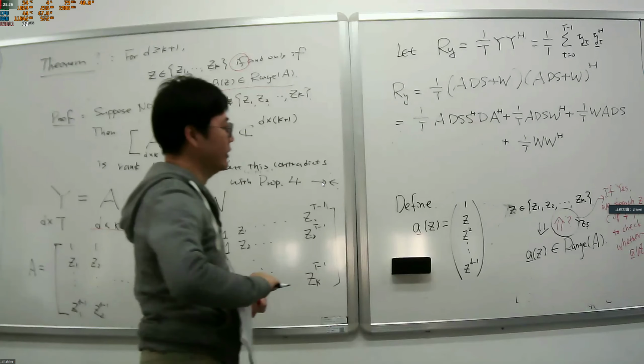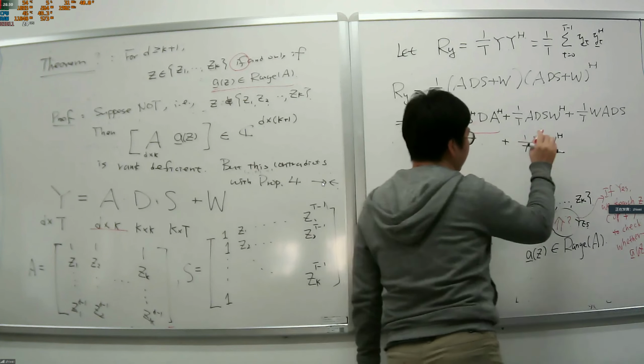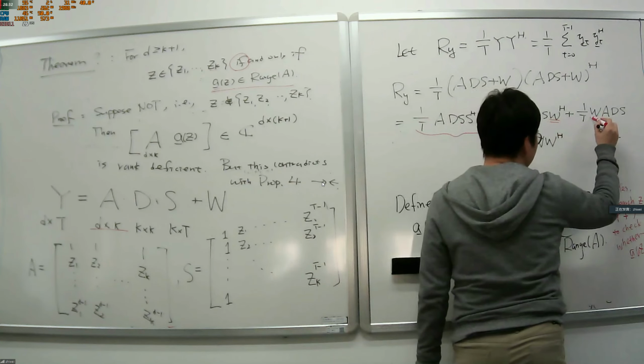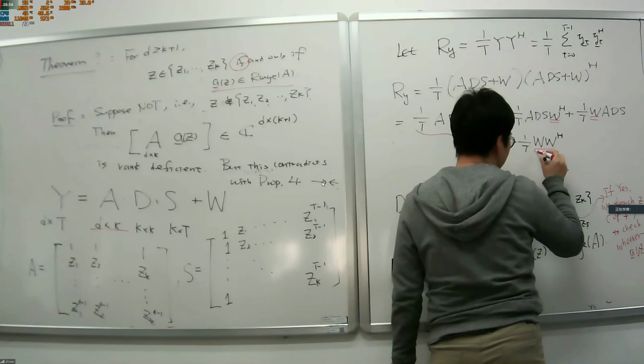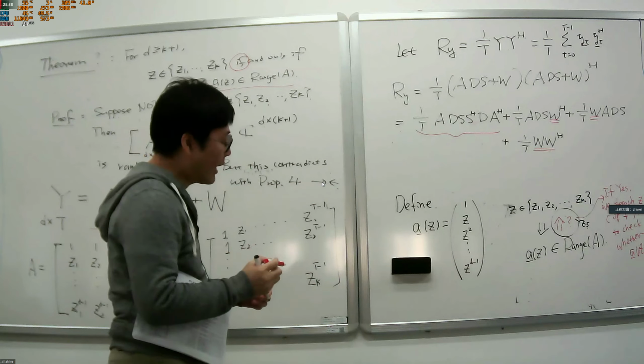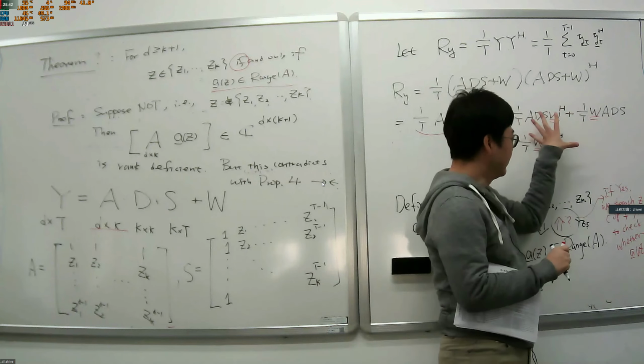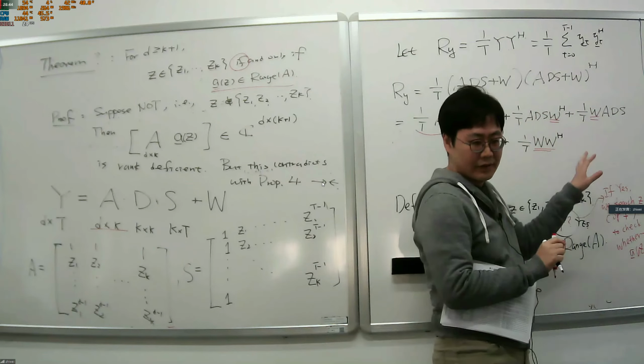The key, of course, is in the first term, because these terms are corrupted by noise, or this is purely noise, right? So in the highest SNR, if it is higher, then we can ignore these three terms.